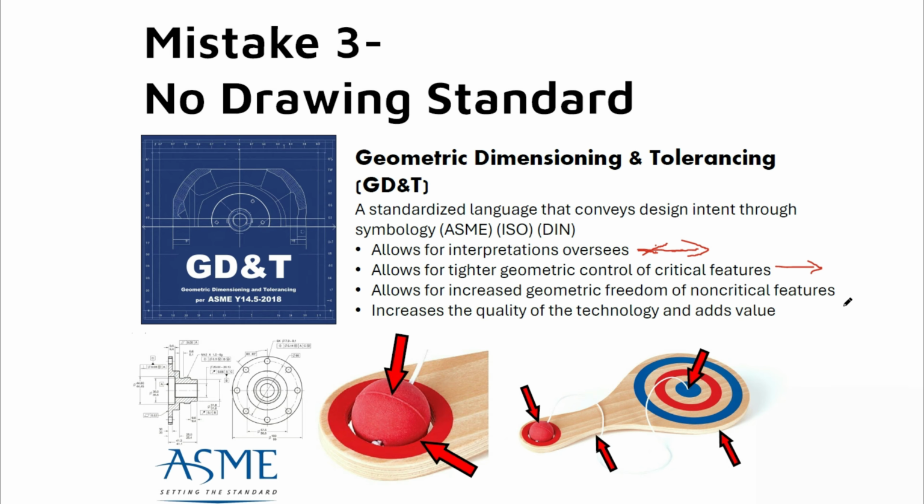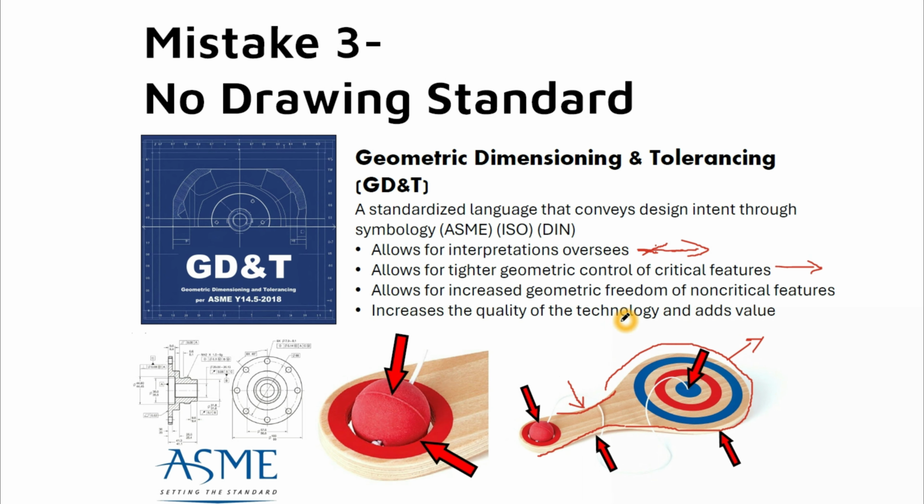One example here on our paddle is maybe you want to tightly control this profile here, because you don't want it to be too thin and your paddle becomes brittle. But you want to give the manufacturer some loose guidance on how big this part of the paddle needs to be. Maybe the tolerance for this section of your paddle is plus or minus 1/8 of an inch, but the tolerance for this profile could be plus or minus 1/4 inch, plus or minus 3/8 of an inch.